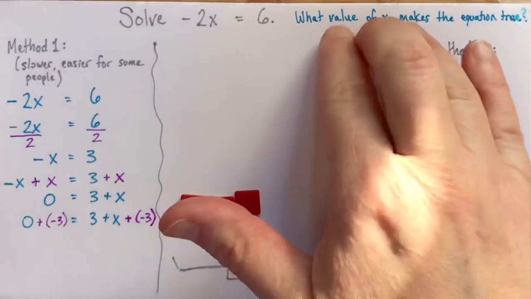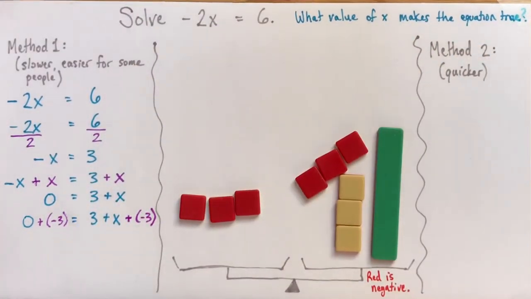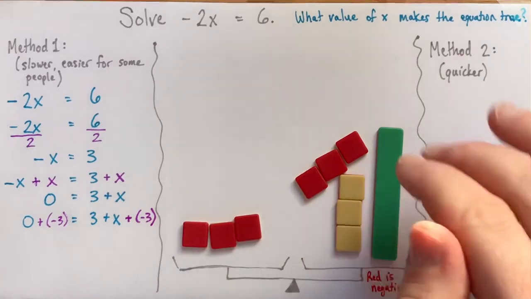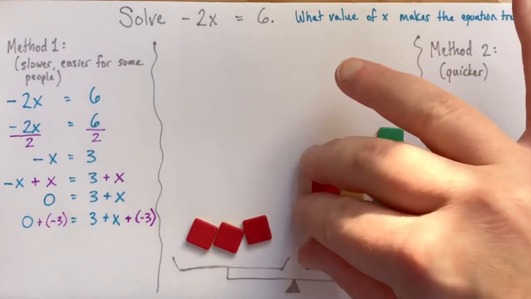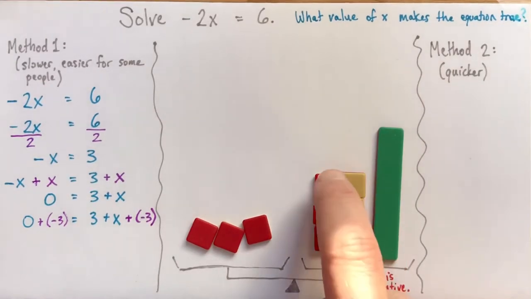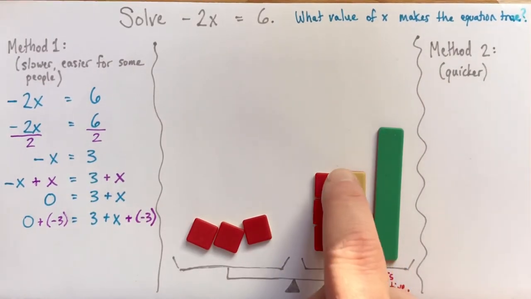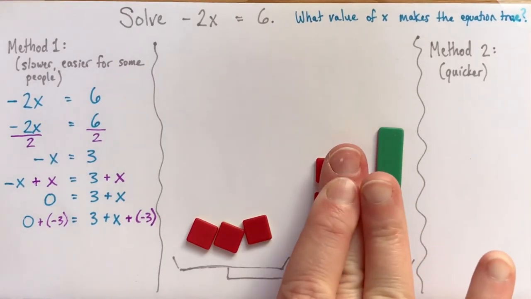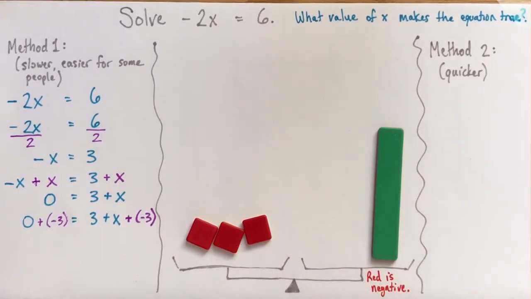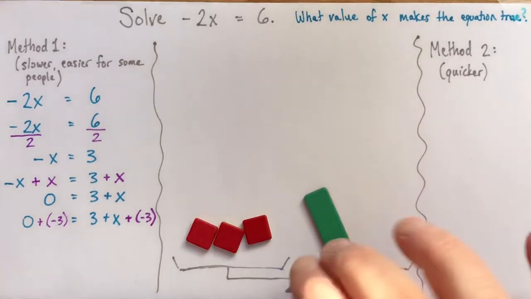And now I'll do it. So over here, that's fairly simple. I have negative 3 here. This is why this is a useful thing to do, because my negative 3 and my positive 3 make a bunch of 0 pairs, which is worth 0. So again, we can eliminate that without affecting the value of this side.